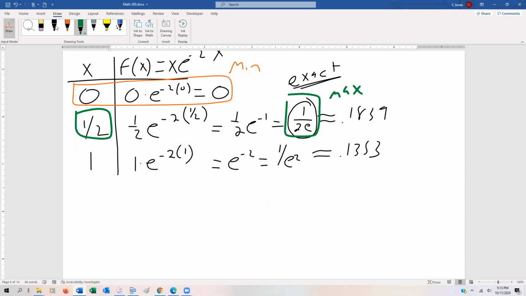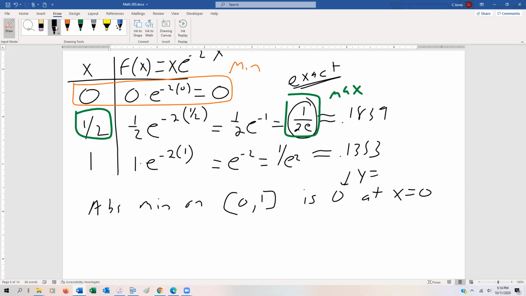Right, so here's what we would say for this. We would say that the absolute min on the interval 0 to 1 is 0 when x equals 0. And we could say y equals 0 if we really wanted to.